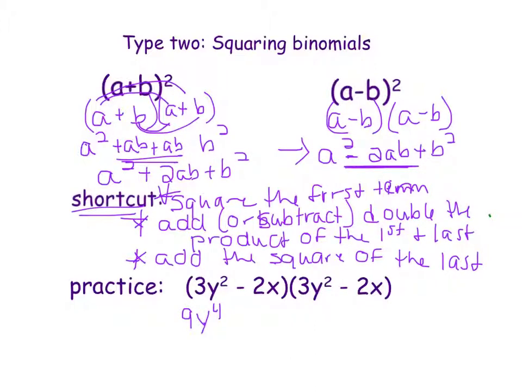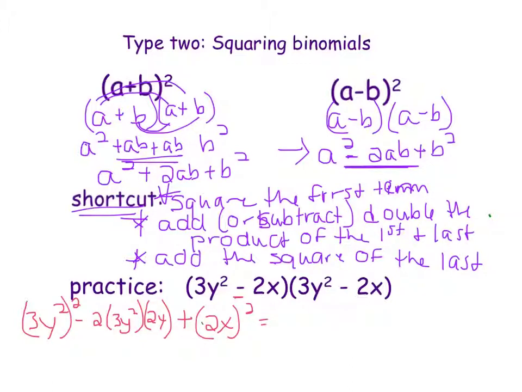And then I'm going to, and actually I think I will write it out this way first. 3y squared squared. And then I'm going to subtract, because it's subtraction in the problem, 2 times the first term times the second term, and then I'm going to add to that the square of the last term.